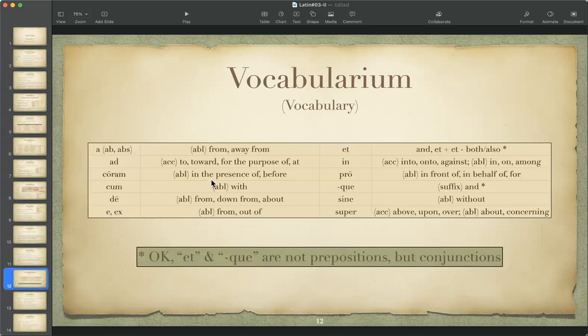Okay. De is from, down from, or about. If you remember, I talked about rorate celi de super. Is anybody familiar with that antiphon? Yes.